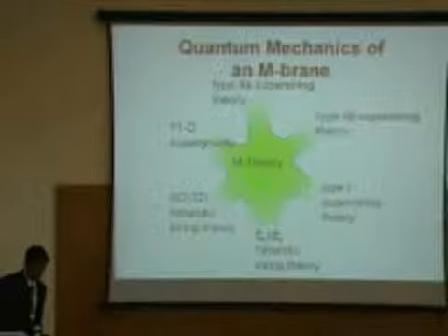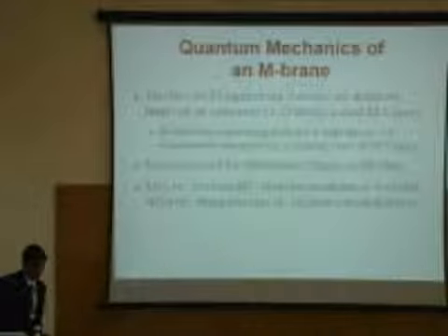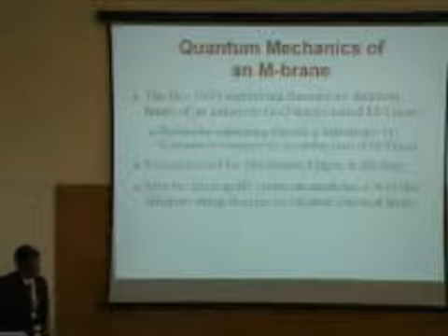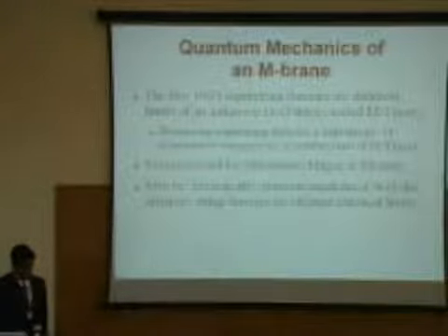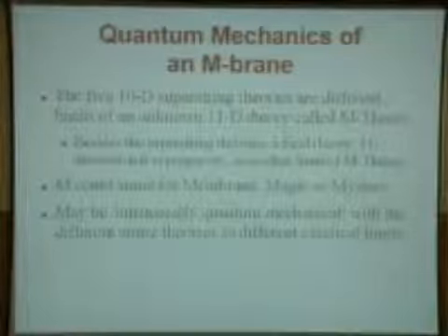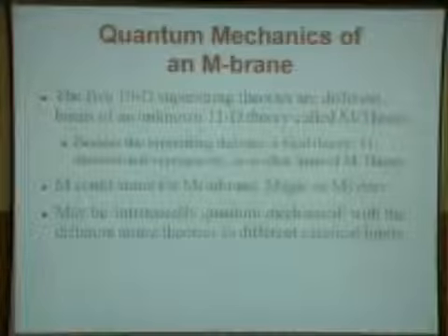And that leads people to suspect that the 5 10-dimensional string theories are all different limits of an unknown 11-dimensional theory called M theory. What does M stand for? We've not decided, but probably membrane, magic, or mystery. Or murky, as some critics of the theory say.